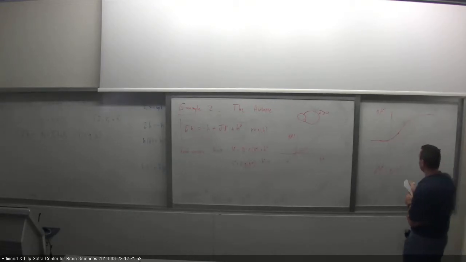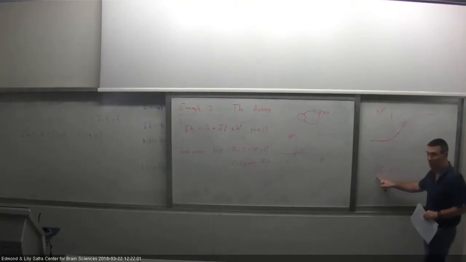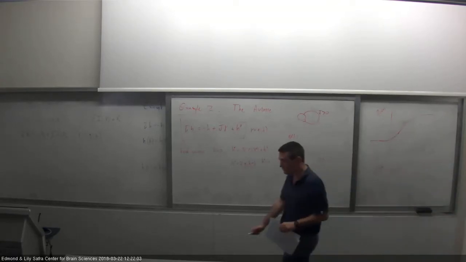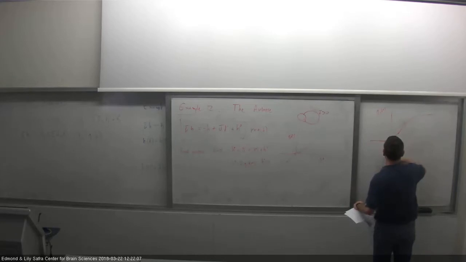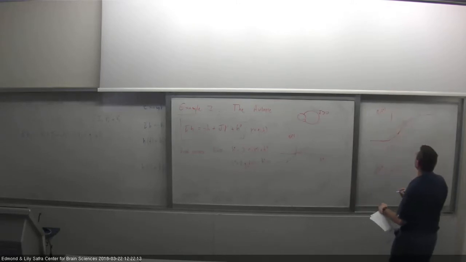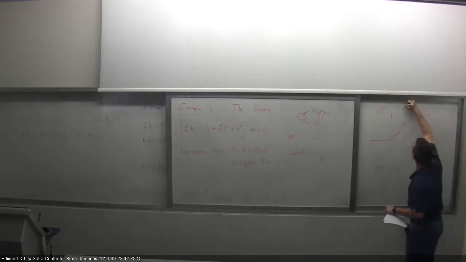So how will this look when j is very small? This would be the left-hand side for j very small.